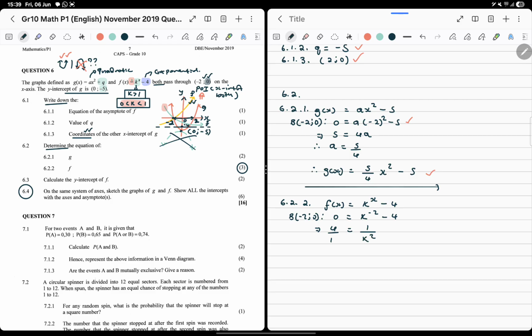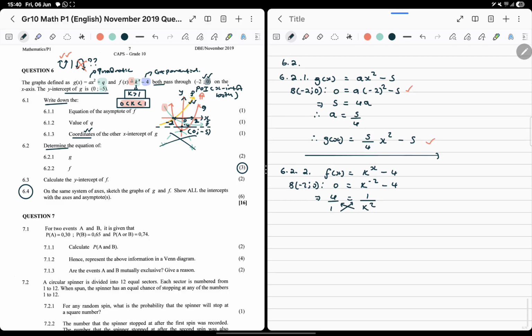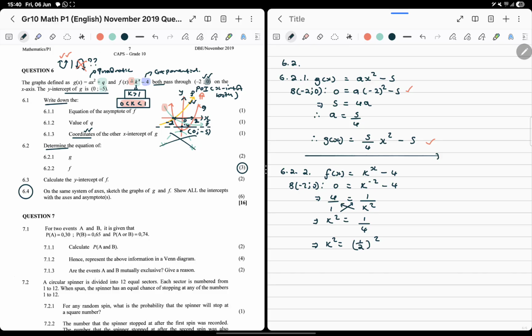All right. So what do we do? Cross multiply. So what is the story here? We get k squared is equal to a quarter. Therefore, or perhaps, it will also show that k squared is equal to a half to the exponent 2.